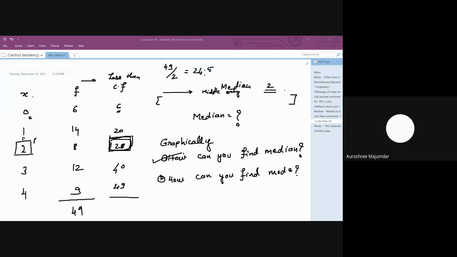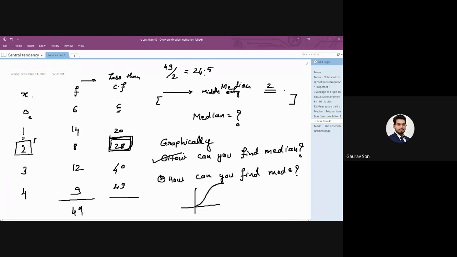For median, it's going to be the middlemost point. And how can we get that point? By the intersection of less than and more than. Okay. For any data, what we can always draw is the less than cumulative frequency curve and the more than cumulative frequency curve.